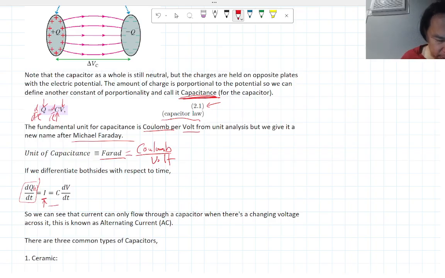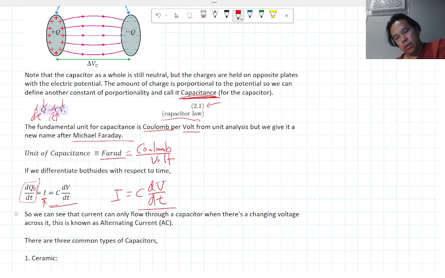So this is the basic equation for a capacitor. And it's very important to notice that current only goes through a capacitor when there's a changing voltage with respect to time. So if you have a constant voltage across something, there's no current going to flow through that particular capacitor. Okay?